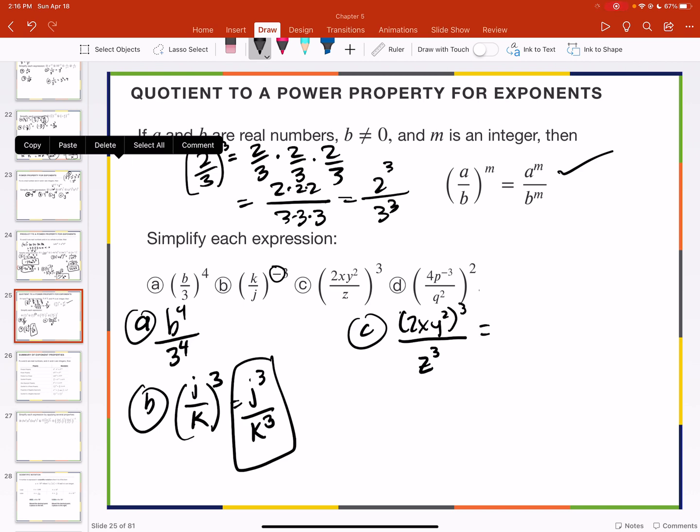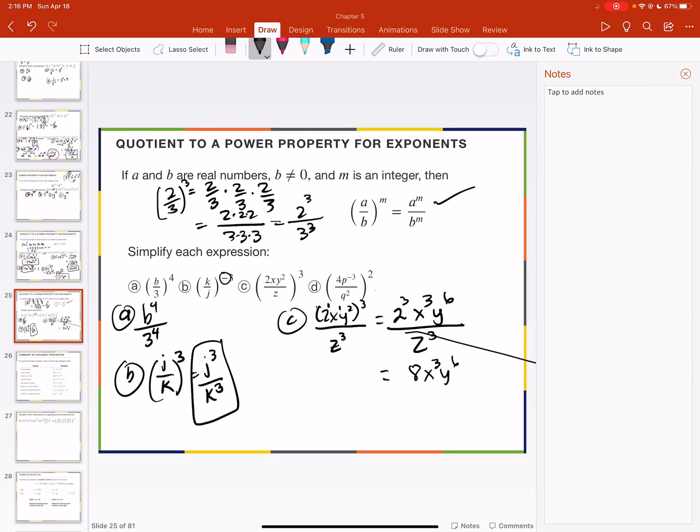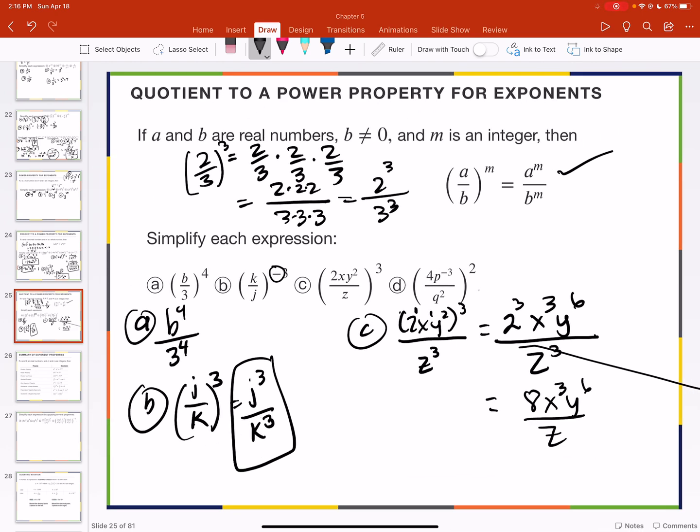Now, let's go ahead and distribute this. Remember, that's 2 cubed because this is 2 to the first power. x cubed, y, 2 times 3 is 6, all over z cubed. So then that's just 8 x cubed y to the 6th over z cubed.